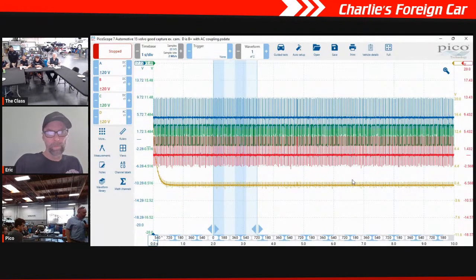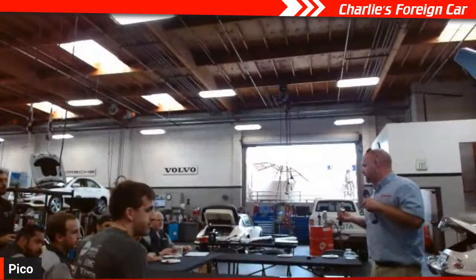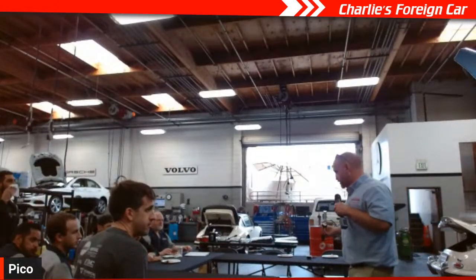We also have the Autel hooked up, and we're going to activate the VVT on the intake and the exhaust.